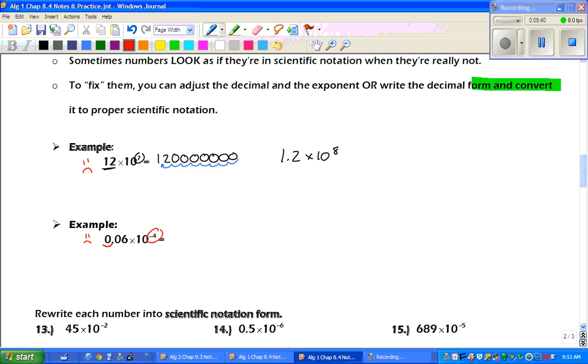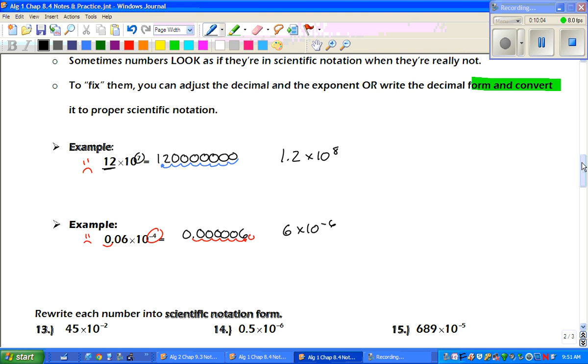It's negative, so we have to move it 4 spots. So 1, 2, 3, 4, and then you fill out the rest of that. Now the decimal really needs to go right there. 5, 6. So this really is 6 times 10 to the negative 6th power.